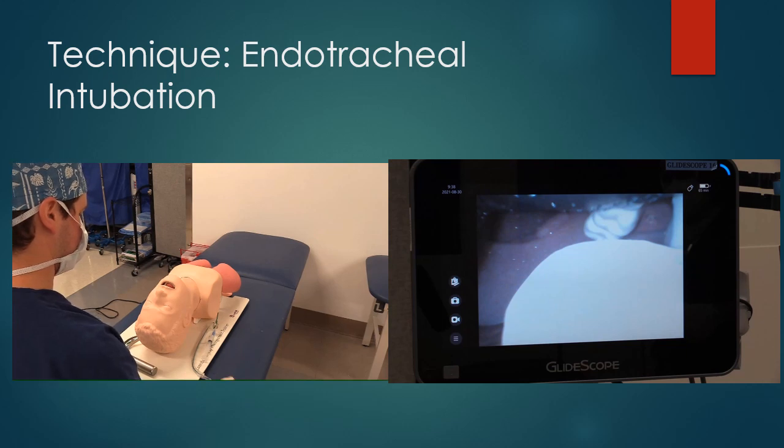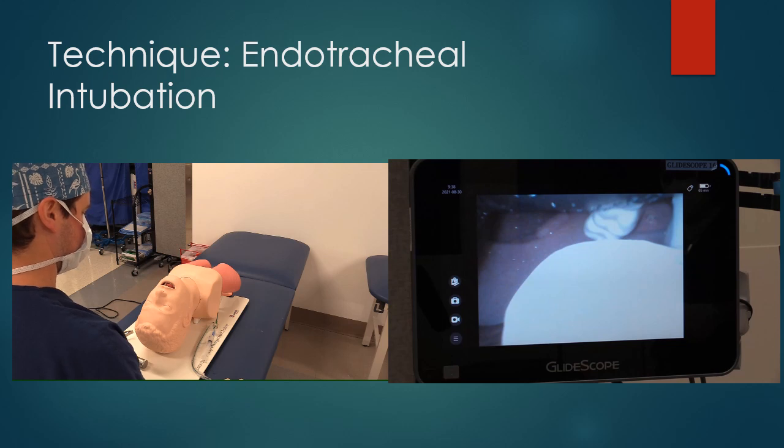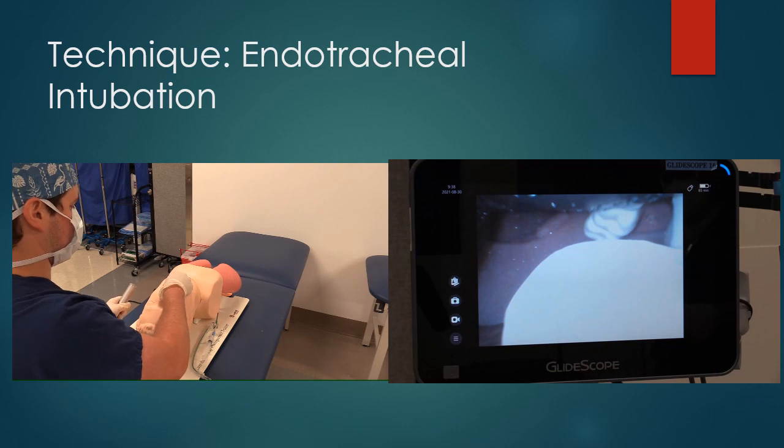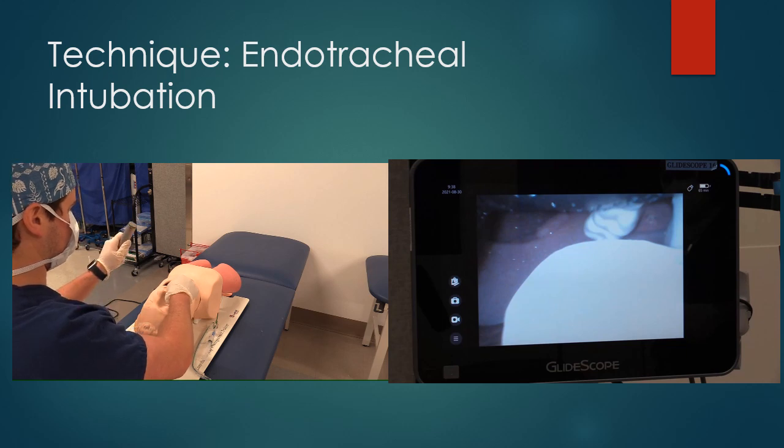Once you have checked all of your equipment and the patient is ready to be intubated, following induction, or in a code situation, this would be a little bit faster and you'd just be proceeding. But once ready, use your right hand to open the mouth using the scissoring technique, if necessary, while holding the laryngoscope in your left hand.